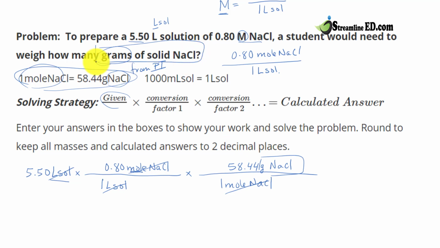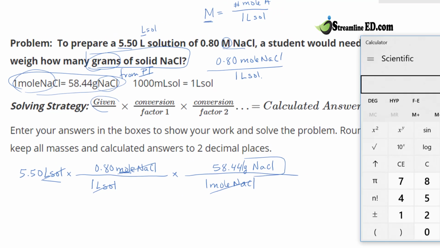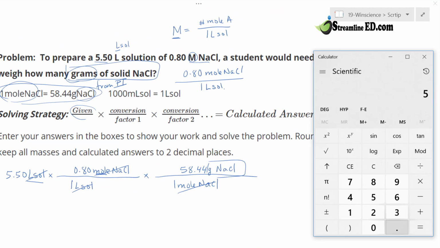Now all we have to do is take our calculator, multiply everything on top, and divide everything on the bottom. Since it's all 1, we can ignore it. Our answer is 257.14 grams of sodium chloride.